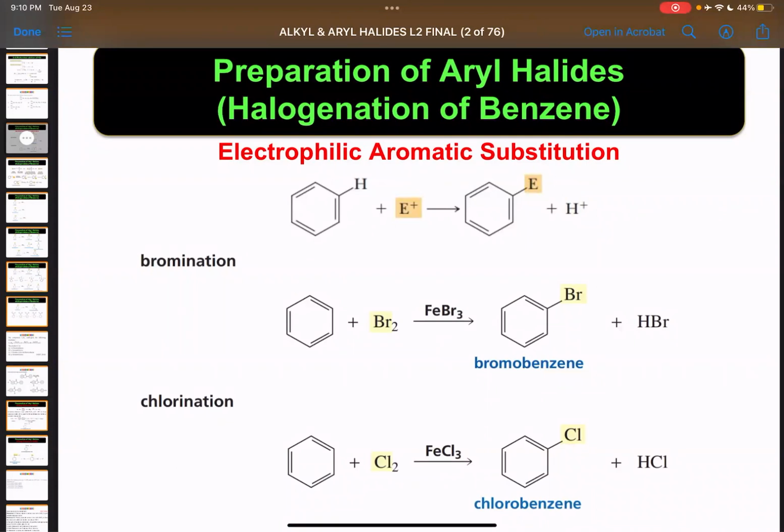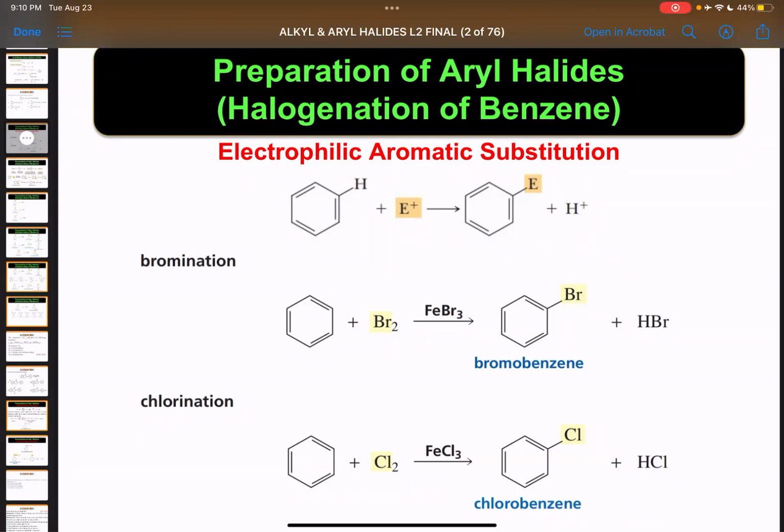First of all, suppose I need to attach a bromine atom to the benzene ring, that is bromobenzene. I need to take Br2, but simply Br2 will not react.